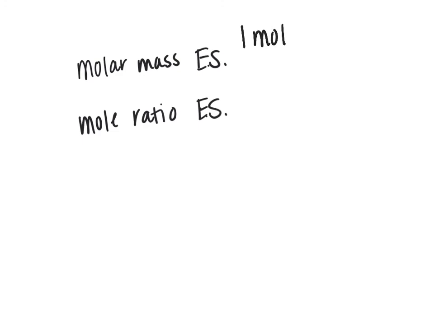My molar mass equal statement, something to keep in mind, is that it's always going to be 1 mole of the substance. We'll call it substance X. And that's going to be equal to whatever we get from our periodic table, using the subscripts, to grams of substance X. Make sure that you always have your units, so moles, grams, and then your label for your substance. The mole ratio is going to come from your balanced chemical equation.